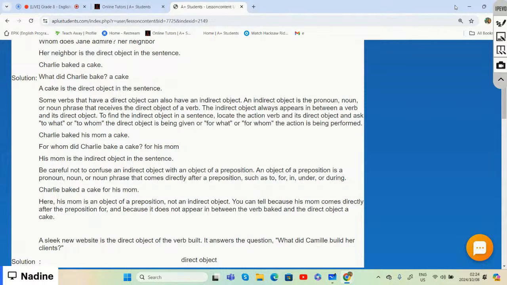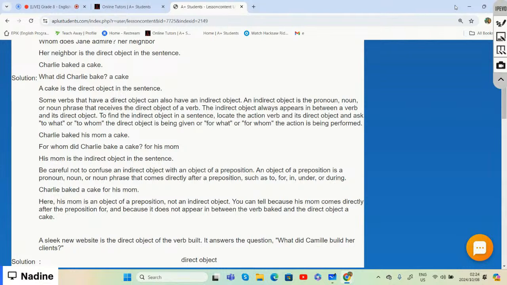Since we need to be careful not to confuse an indirect object with an object of a preposition, firstly, a preposition is a word such as to, for, in, under, or during.